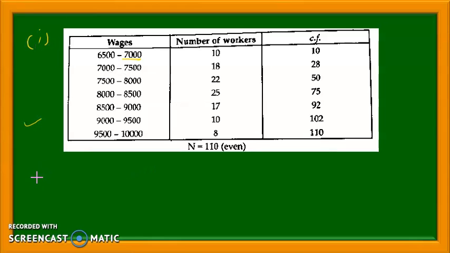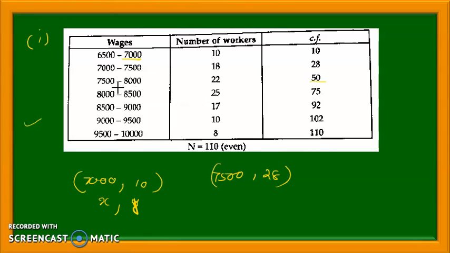In the second part you are asked to draw the ogive. How to do it? Look, we take the upper limits of the class intervals on the x-axis and the cumulative frequency on the y-axis. So you get ordered pairs x and y, the same for 7,500 and 28 and so on.